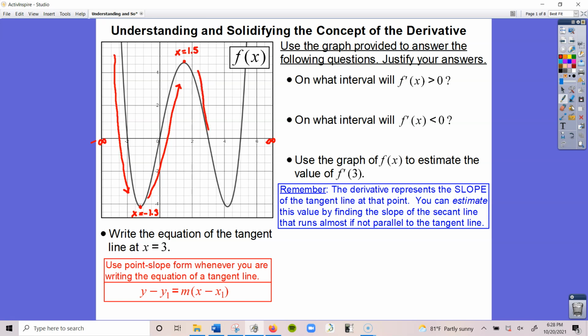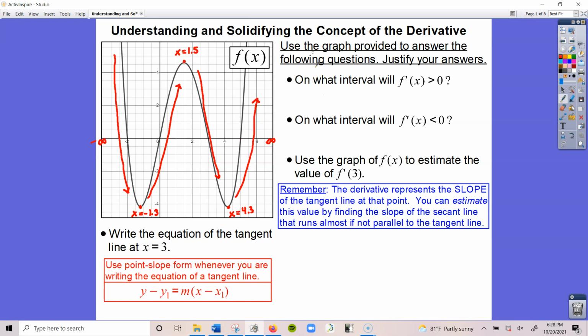Then it starts going down until about this point, which is x equals, and let's estimate here, we'll say 4.3. And then it's going up the rest of the time.